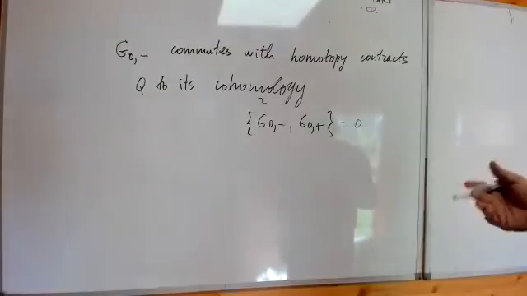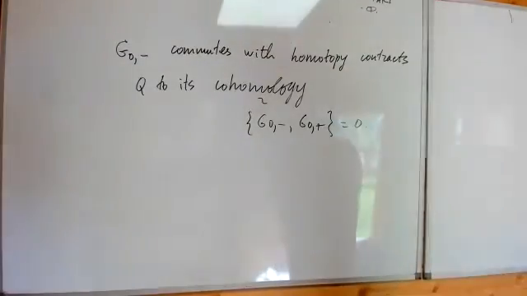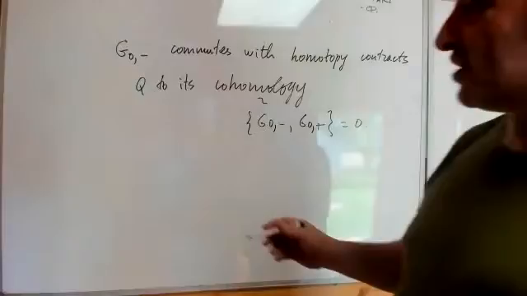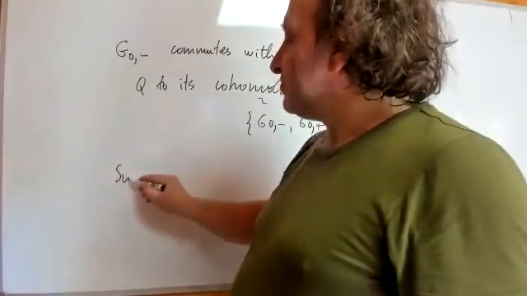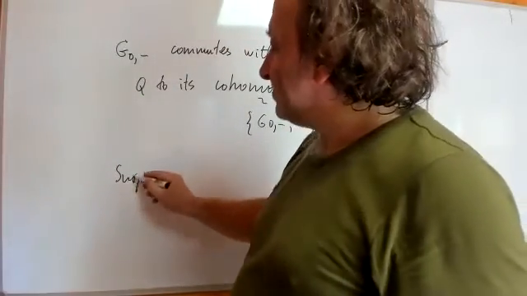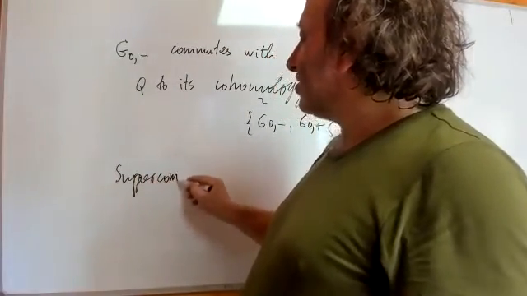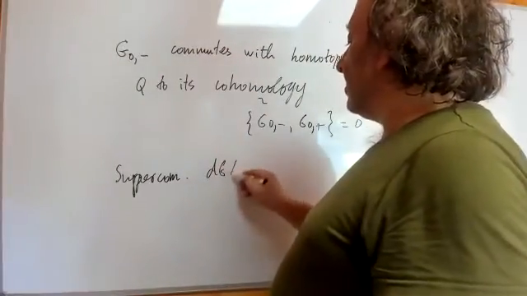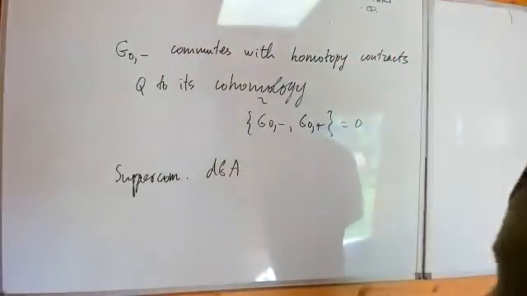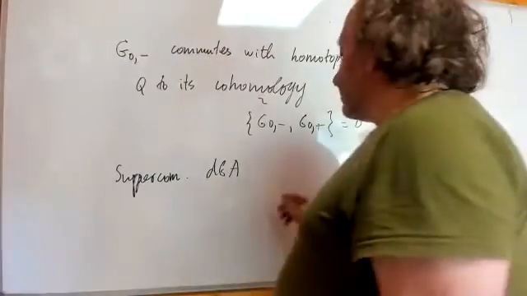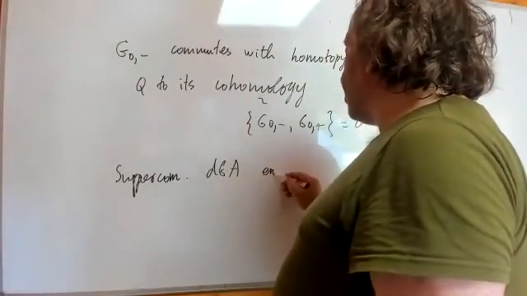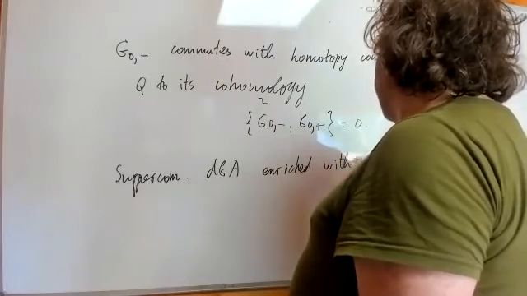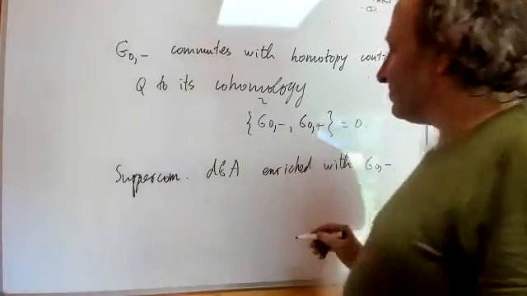So having all, actually, this is the structure of a supercommutative DG algebra enriched with G naught minus.